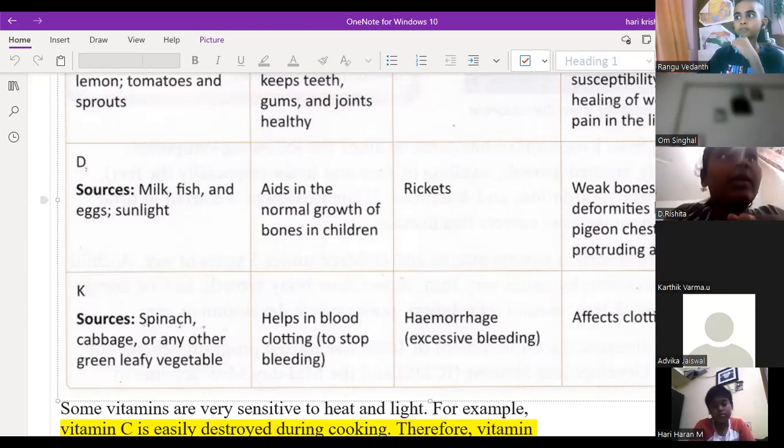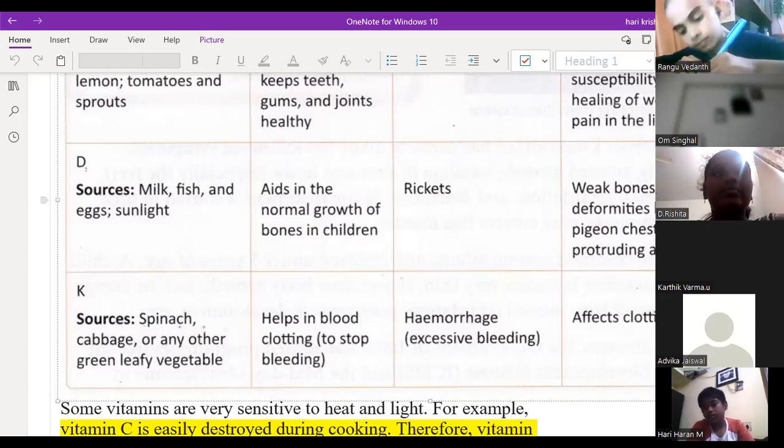To stop that bleeding, the vitamin plays an important role, because excessive bleeding will cause loss of blood from the human body, which again will cause other problems. So to avoid too much loss of blood during an injury, vitamin K helps in the clotting of the blood.